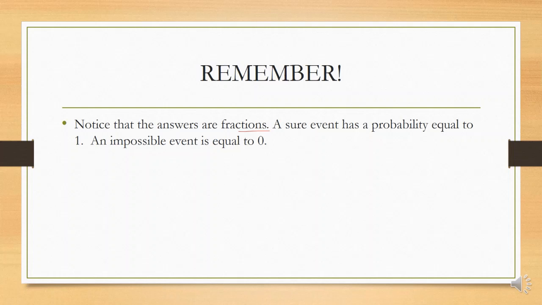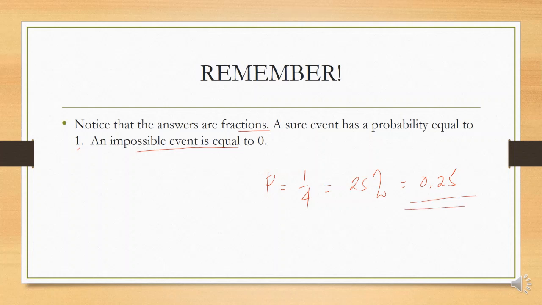Okay? A sure event has a probability of 1, or we have a 100% probability, and an impossible event is equal to 0. Okay? So, sometimes, yung probability natin na 1/4, which is a fraction, can also be expressed as a percentage or in decimal. Pwede yan. Sa ibang mga libro, decimals ang gamit.